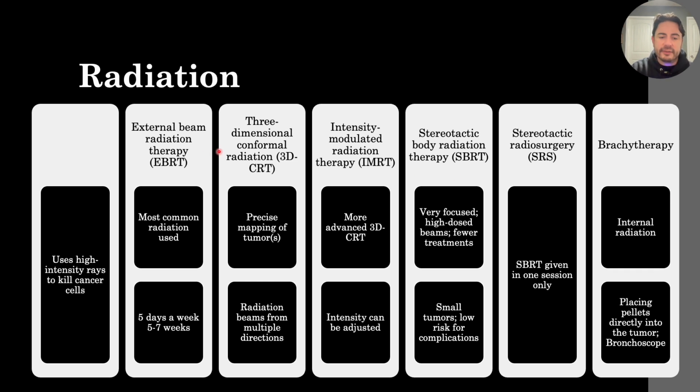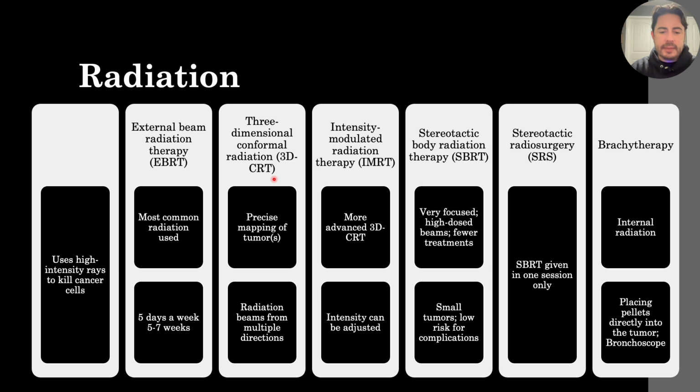These are all different forms of radiation. When we look at the EBRT, this is our most common use of radiation, and these patients are getting radiation 5 days a week for 5 to 7 weeks.